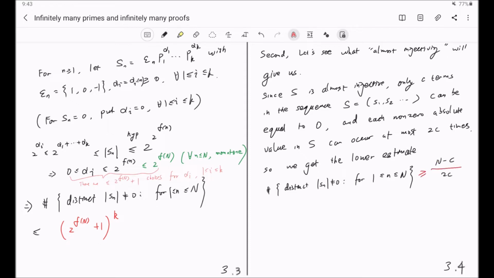So if you look at this lower bound and this upper bound, you compare them when capital N is very big. First of all, this will tell you that this upper bound is always bigger or equal to the lower bound.